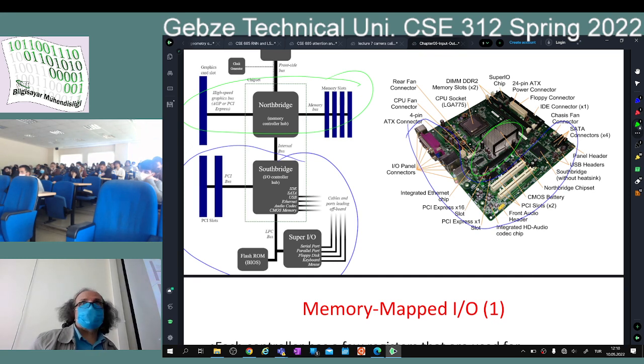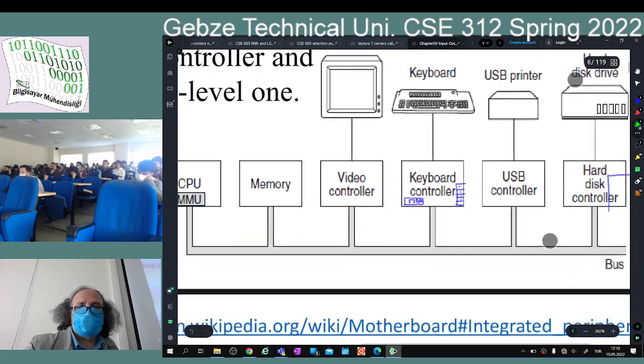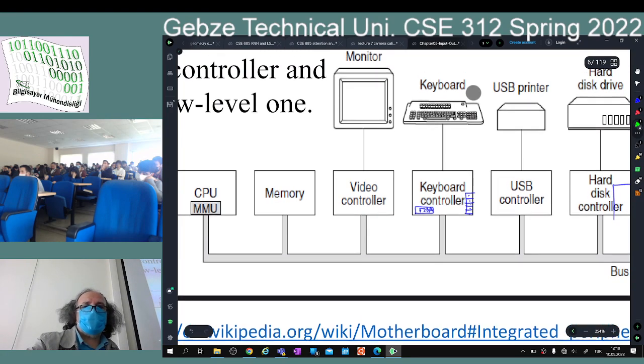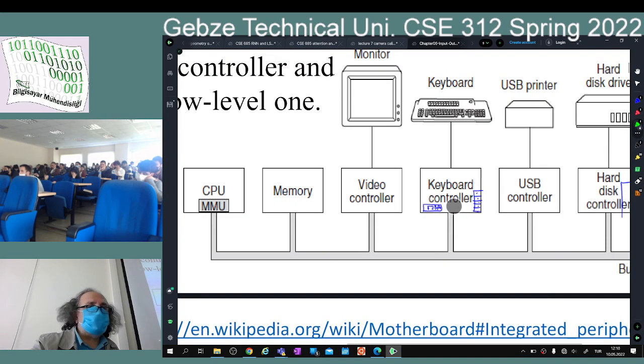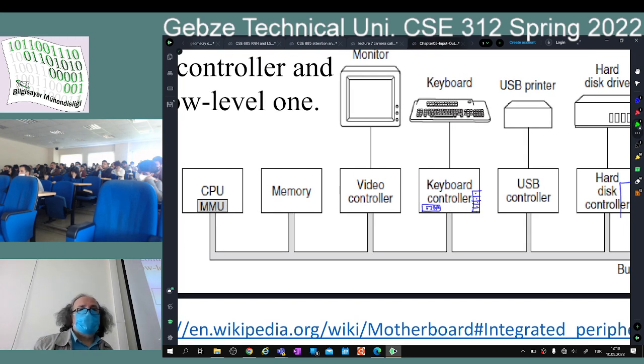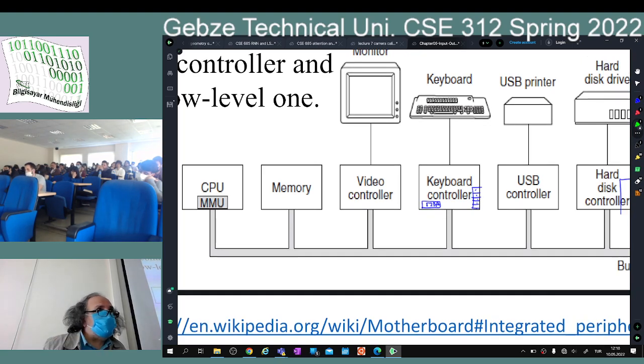Good. So let me continue on this. Remember this structure. If you need to communicate with your keyboard, you need to read from this register, or you need to write to that register, so that you are communicating with the device. But how do I write to this register or read from the register? There are two ways of it.